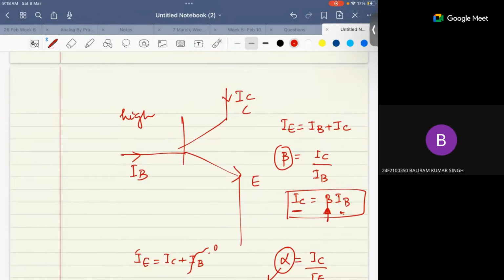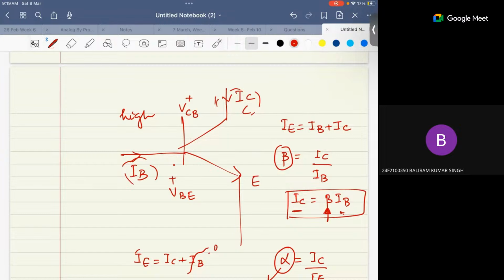So you have already known the base current, collector current, emitter current. One more thing, I told you, right? If you have to move from here to here, there is a potential difference of VBE. It's a junction, right? Similarly, here you have a potential difference of VCB.